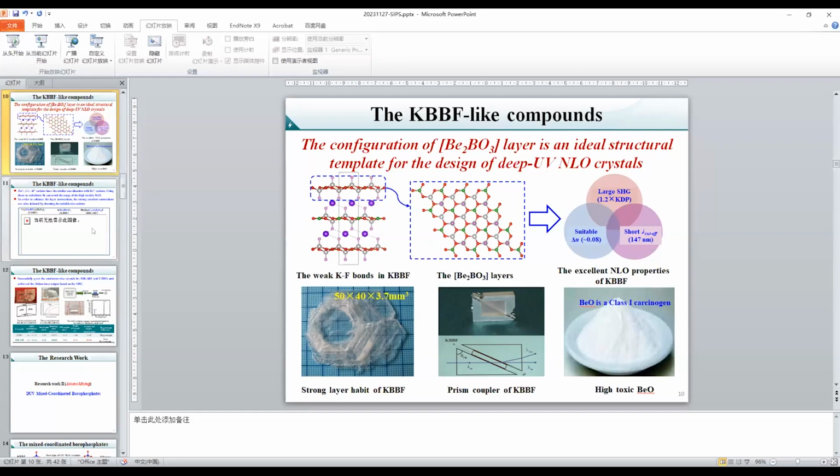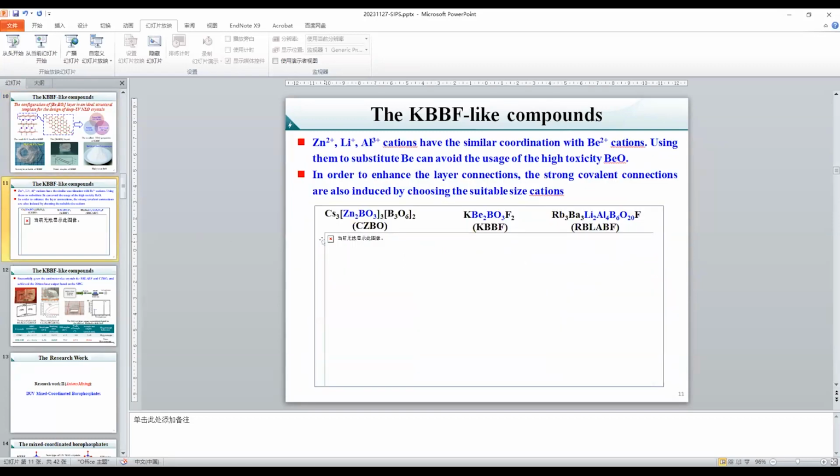So in our research, we realize the zinc, lithium, and aluminum ions have similar coordination with the beryllium ions.